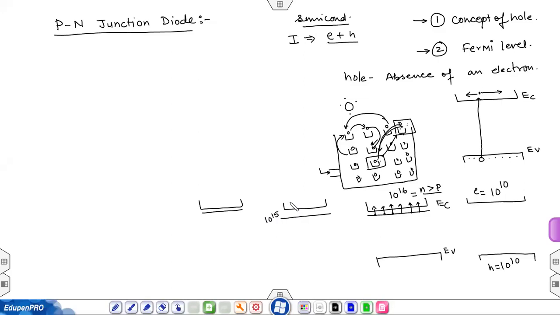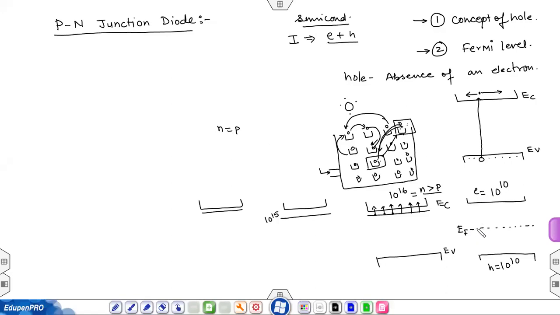So if the number of electrons and holes in the semiconductor is equal, what we will do is put a level in between the conduction band and the valence band. We will represent this level as EF, Fermi energy level. E meaning energy, F meaning Fermi.